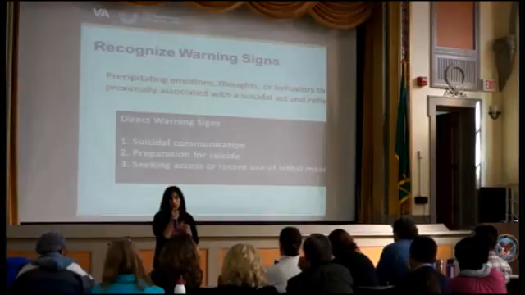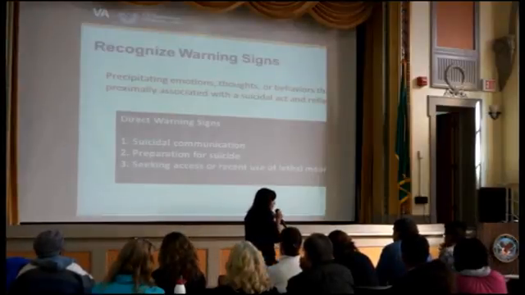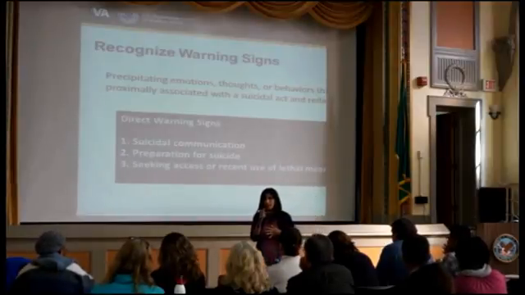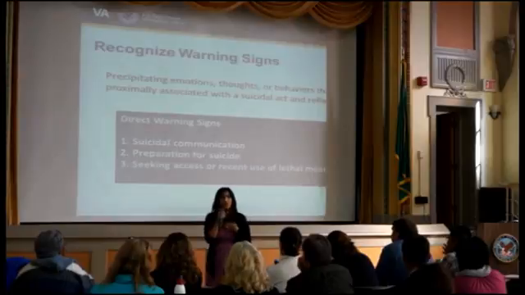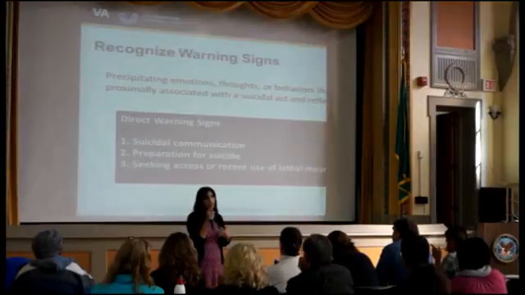Acquired ability is a concept that Thomas Joiner talks about: people can have the desire to die by suicide, but they actually have to have this ability that they've acquired over time that allows them to engage in a behavior that is not life-preserving, essentially.